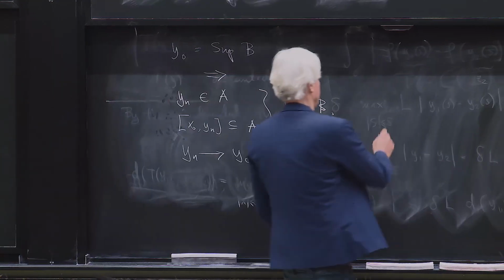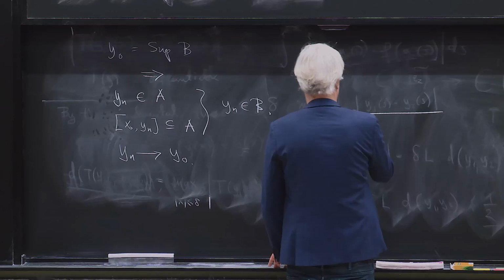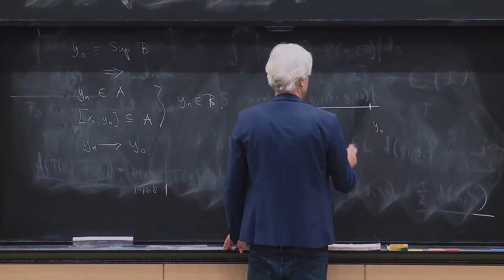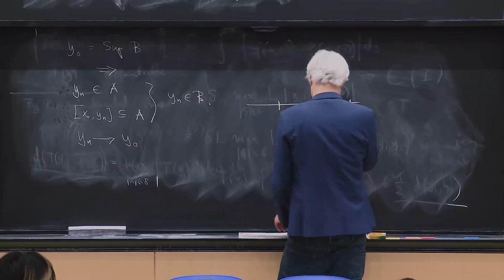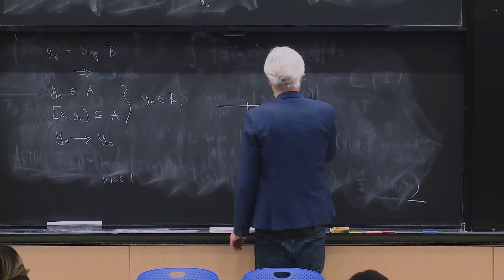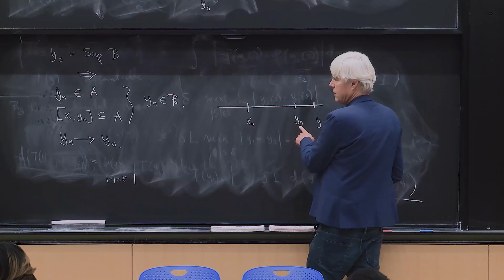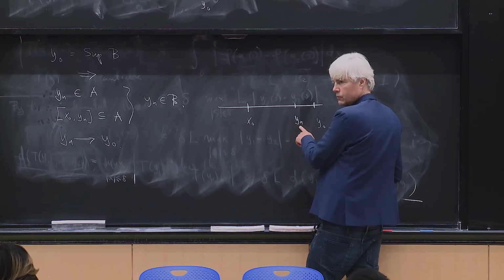So now what you have, so here I have x0, here I have y0, and I have these elements yn, and they are, in particular, in A, okay? But A is closed, right?